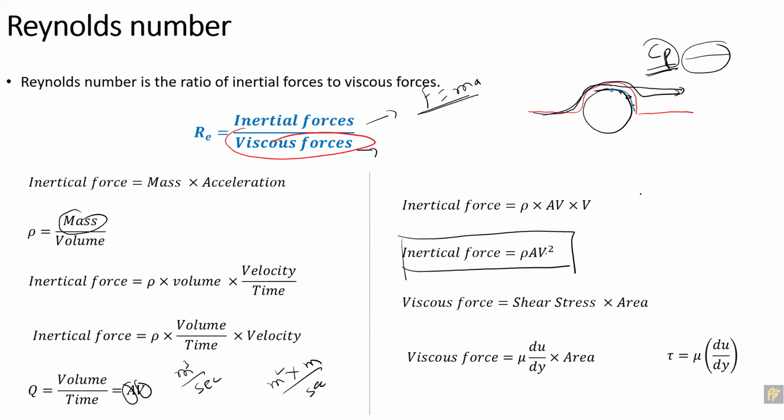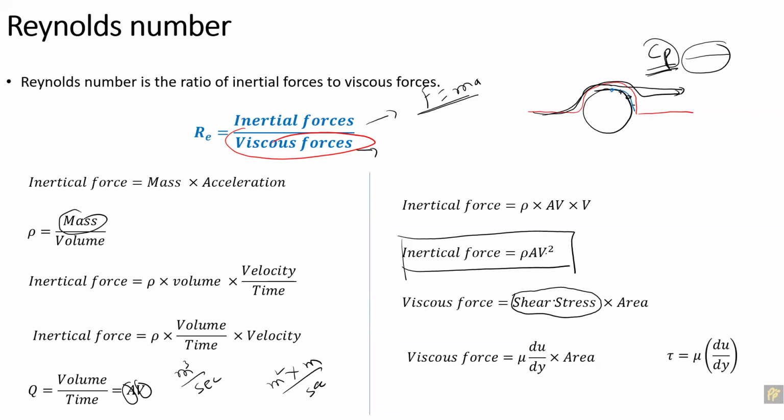Now viscous force. Any force, basically, you have to multiply the area with its corresponding shear stress or the pressure term, because stress and pressure have the same units. The only thing is how they are applied on the flow or, in solid mechanics, how they are applied on the bodies, but the units are the same for stress and pressure.